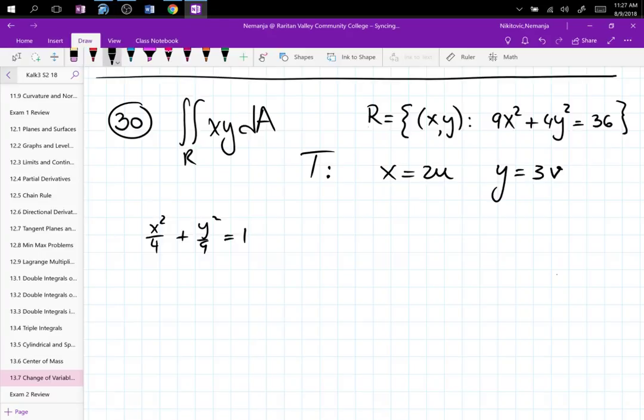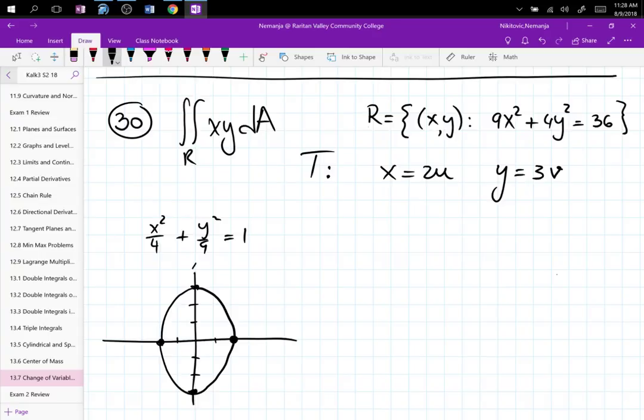So your original shape is 1, 2, 3, 1, 2, 3, 1, 2, 1, 2. So here is the ellipse in the xy realm, and this is your region R. As I said, do not integrate over the ellipse.